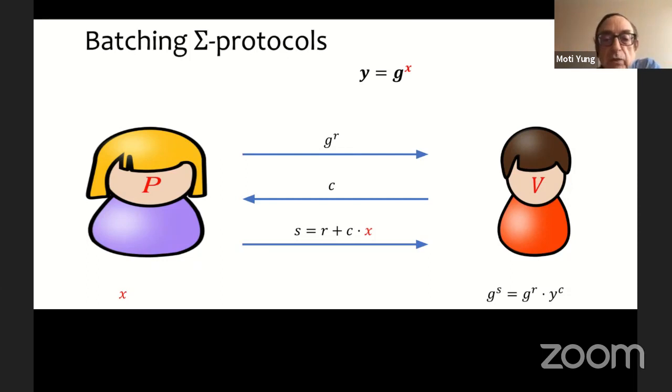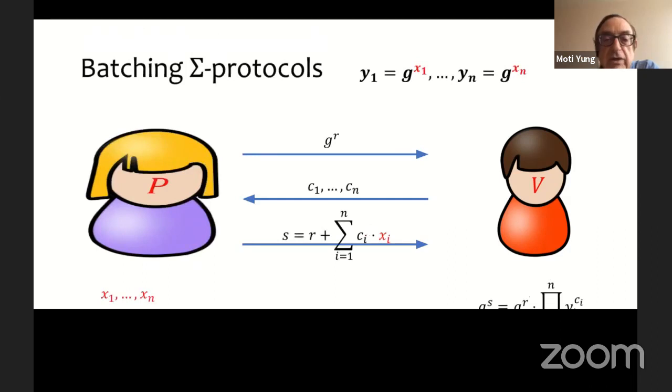When you prove you have g^r and you know r and you want to show that you know x, you run a Sigma protocol, Schnorr style, and you show that this demonstrates x. So batching, you can do again: instead of g^x, you have g^x1 up to g^xn as input.